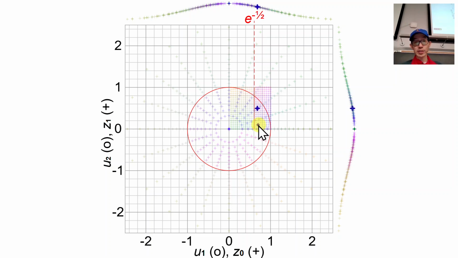Okay, so you can see if I keep my x constant and I go around, this corresponds to the values here. So this right here corresponds to this vertical red line. This corresponds to x being equal to e to the -1/2, and that translates to a radius of 1.